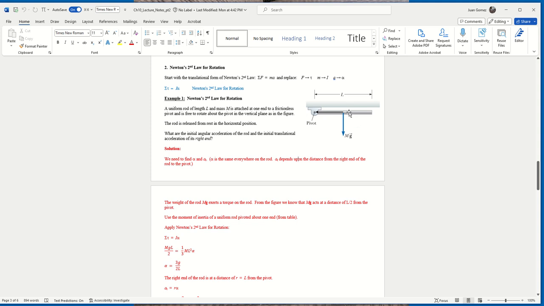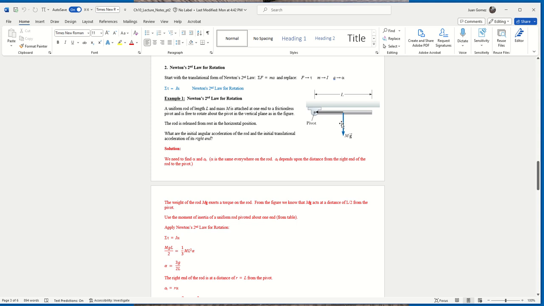Now remember, what is torque? In general, torque is r F sine theta, where r is the lever arm, F is the force, and theta is the angle between the force and the lever arm. And remember, I want the initial angular acceleration. At the instant the rod is released, what is alpha, and then what is the a_t of the right end?